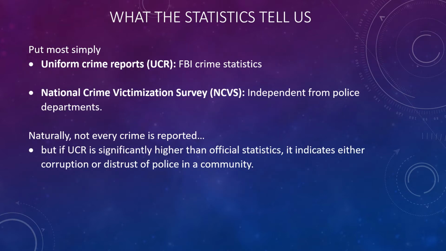Put most simply, the Uniform Crime Reports are crime statistics put together by the FBI, while the National Crime Victims Survey is a survey that was done independent of law enforcement or police departments.